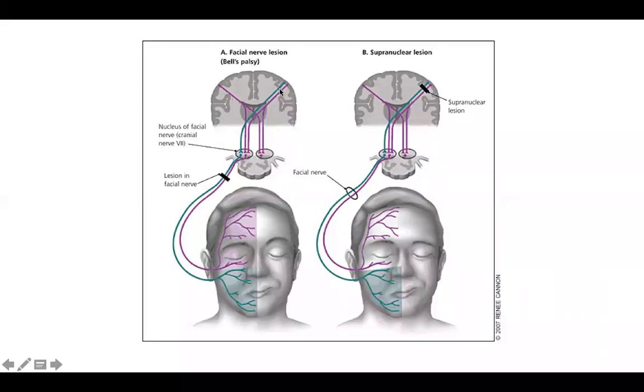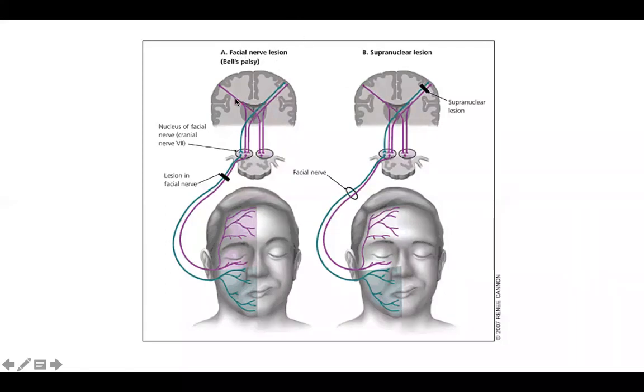So the left upper part is going to innervate the contralateral part. This is very important to remember, that if the right part is damaged, you are going to paralyze on the left side. So it is very essential to know this.